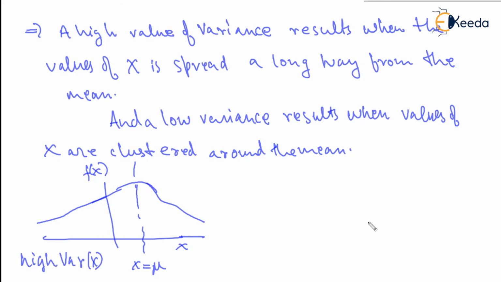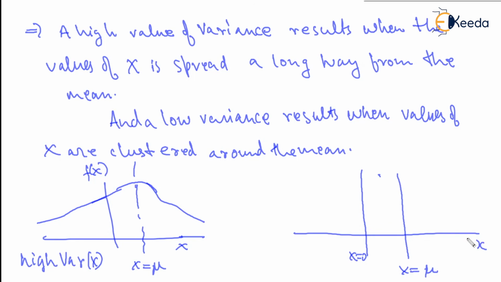But if the major values, let's say this is x equal to 0 and this is the mean x equal to mu, then if the graph is something like this, you can see the major values of x are clustered around the mean value x equal to mu.